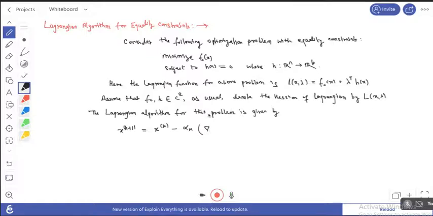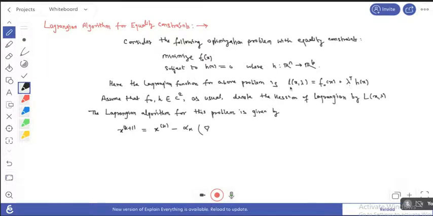You know that in the gradient method, your next iteration point is xk minus alpha k times the gradient, because you have to find the local minimizer. Here we are not taking the objective function; here we take the Lagrangian, because the Lagrangian function of this problem is defined by this form.